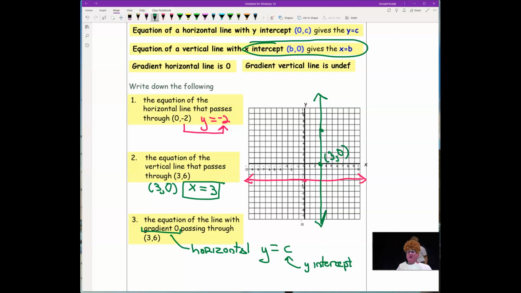So if I was to draw a line, and it goes through 3, 6, which is right here, but it's horizontal, then that line's got a y-intercept of 6. So the equation is going to be y equals 6. Its y-intercept is 0, 6.